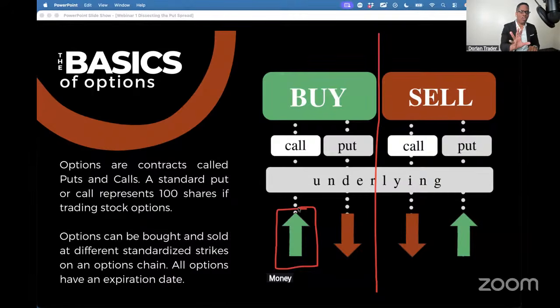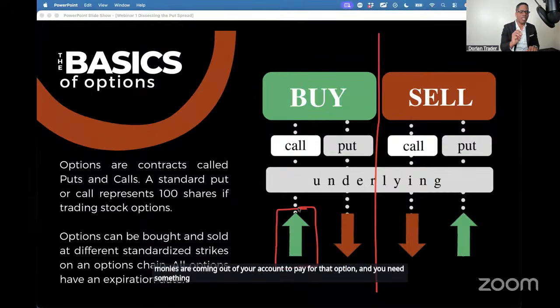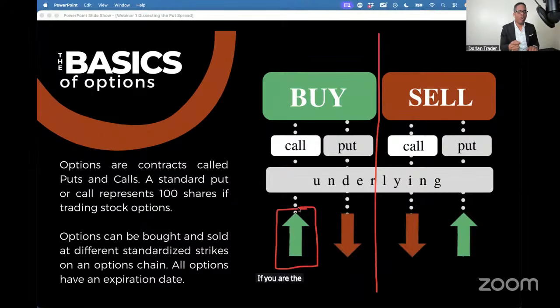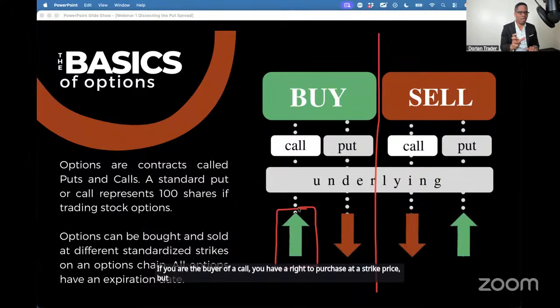Monies are coming out of your account to pay for that option, and you need something to happen within a time frame. You need a big move to happen within a time frame, or you're going to most likely lose all that premium, or most of it, that you paid. If you are the buyer of a call, you have a right to purchase at a strike price, but not the obligation. You have a right, but not an obligation.